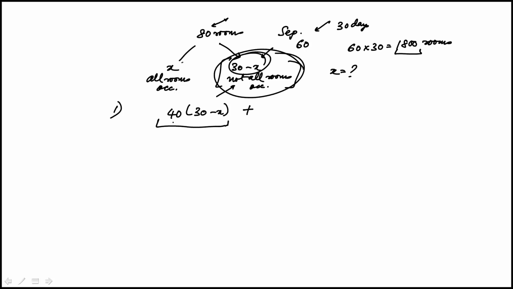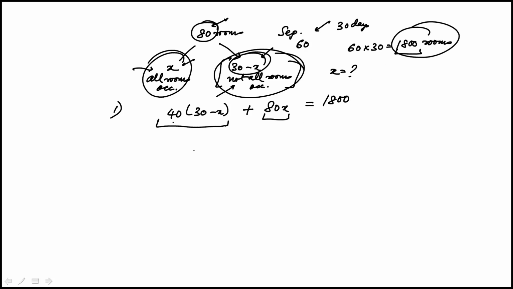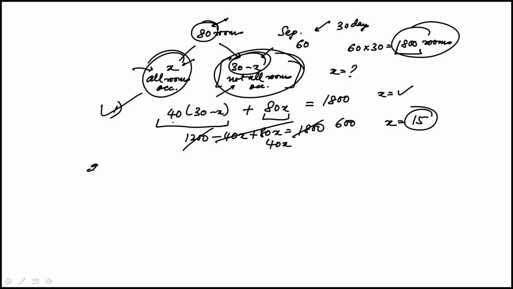If I add the rooms that were occupied X days where all the rooms were occupied, that would give us another 80X rooms that were occupied for the entire month. And this has to add up to 1,800. And this will give me a value of X, linear equation. Sometimes I'll just solve it when it's easy enough, because sometimes it can come in handy when you're doing the next statement. So X is 15, we have a unique value, 1 is sufficient.